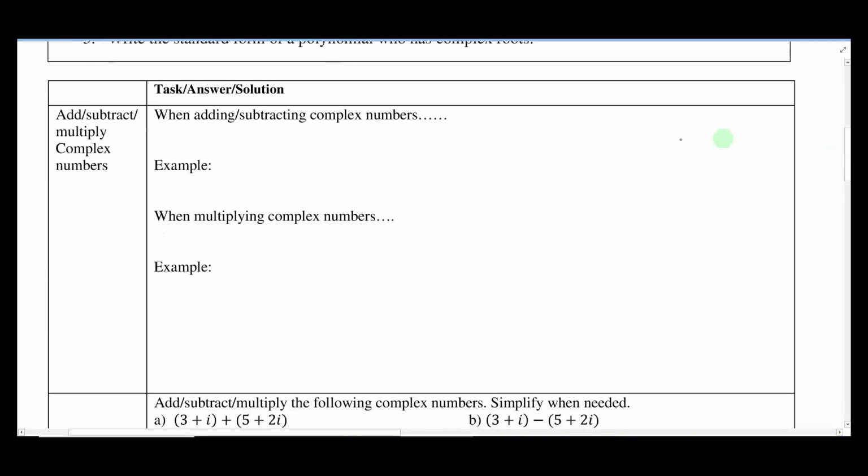We're just going to talk about some of the ins and outs of adding and subtracting complex numbers. Some of the things you want to remember when you add and subtract complex numbers is you want to make sure that you combine all like terms.